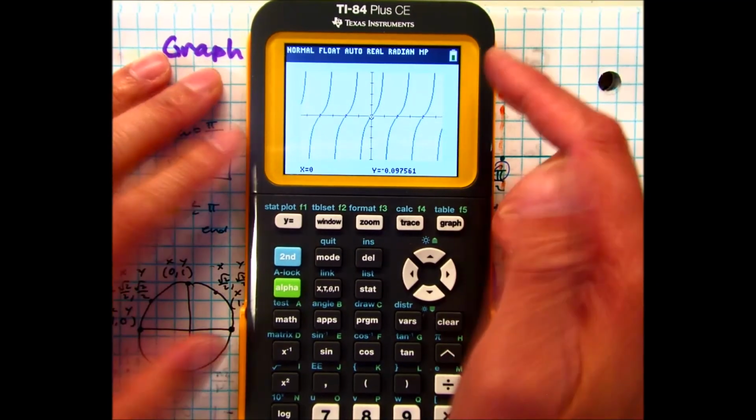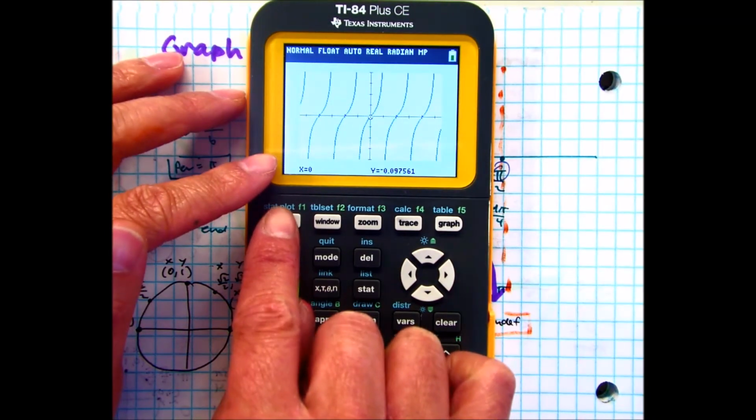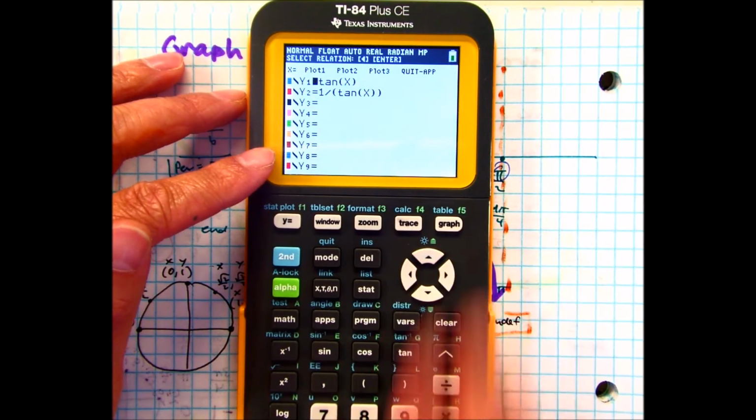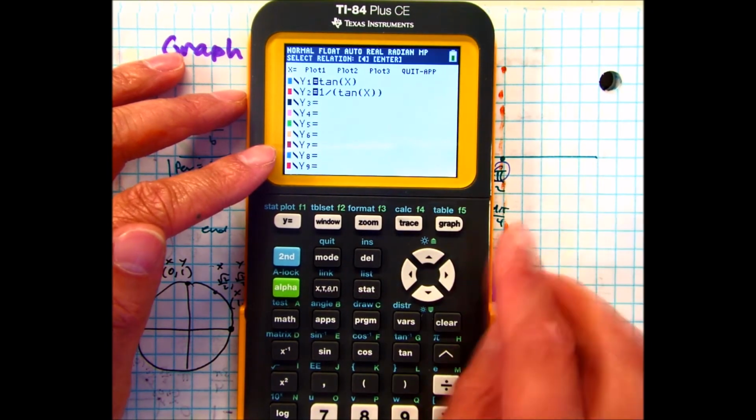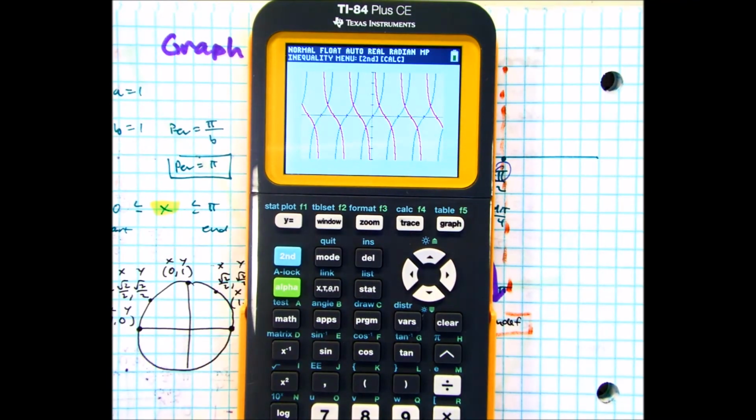Okay, so here's tangent, and let's just say I want to graph cotangent. You can turn that on as well. It's going to be kind of crazy. Class, which trig function is red?